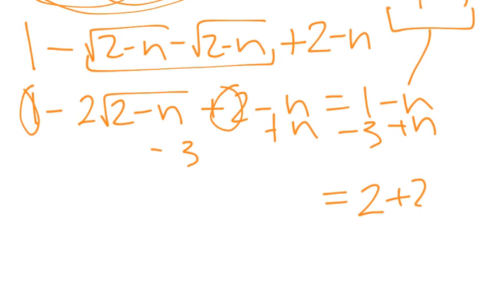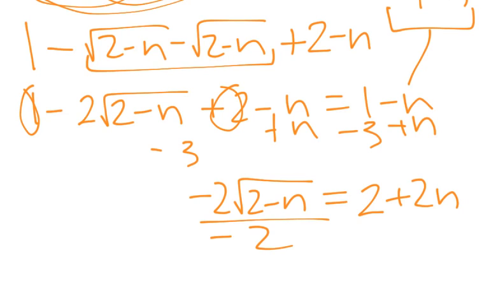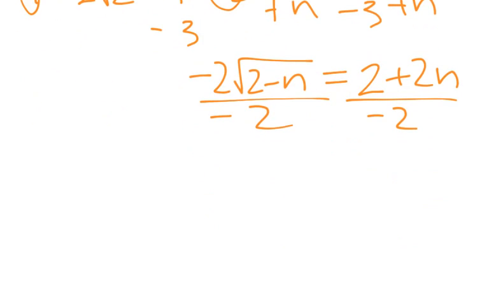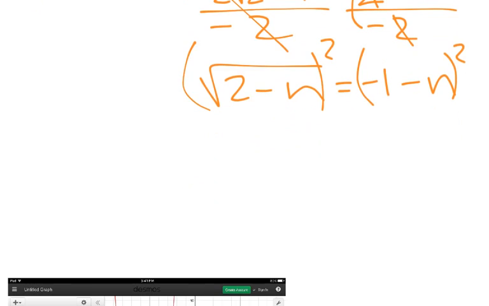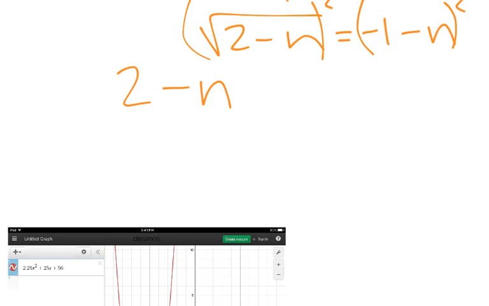We get a positive 2n equals what's left over? -2 square roots of 2 minus n. Divide by -2. Those cancel. Square root of 2 minus n. 2 and 2 and 2 all cancel, so we're left with -1 minus n. Now we square those. End up with 2 minus n. Oh, I forgot to erase that graph, didn't I?